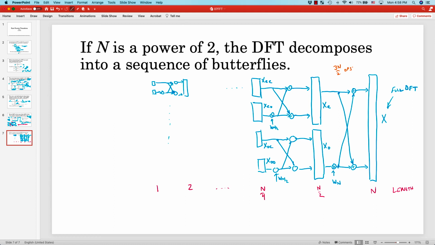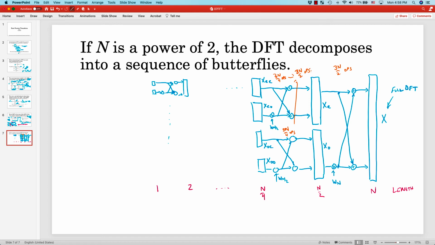So it stands to reason that if the result of your butterfly is of length n over 2, then there are going to be half as many operations. So this butterfly gives us 3n over 4 operations. This butterfly gives us 3n over 4 operations. But since there are 2 butterflies, together there are still 3n over 2 operations.